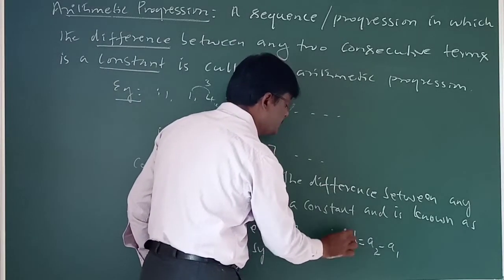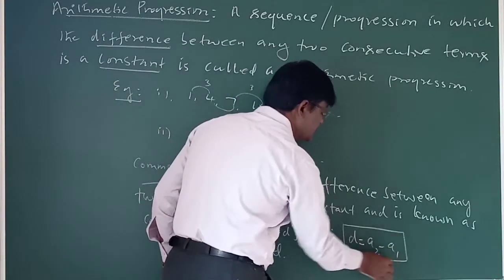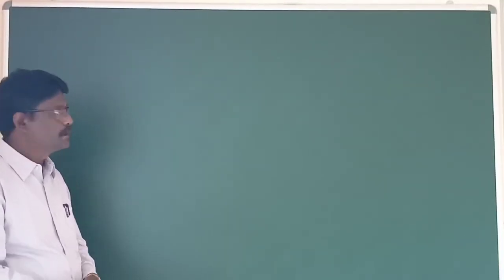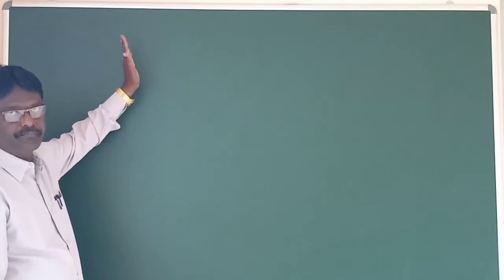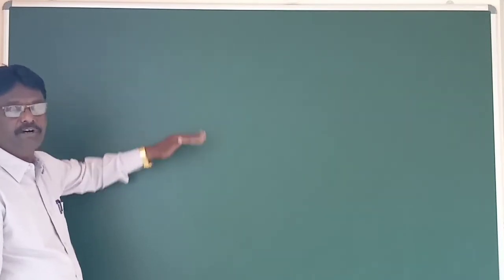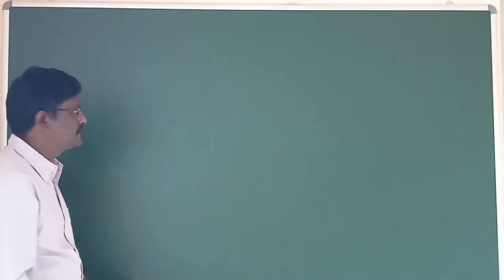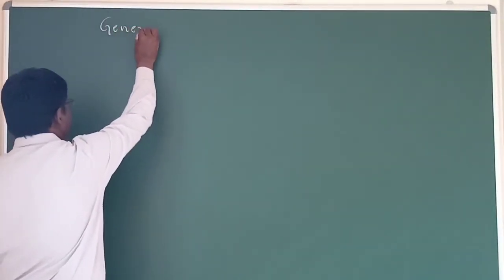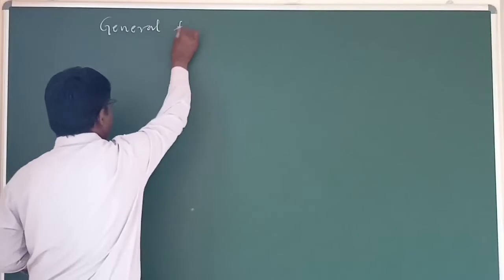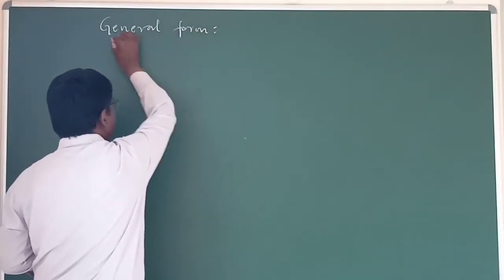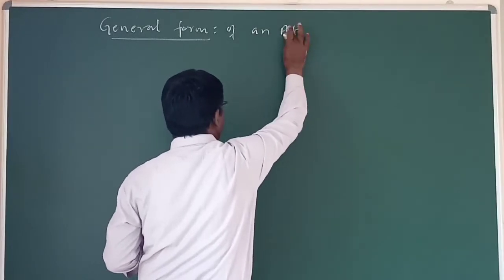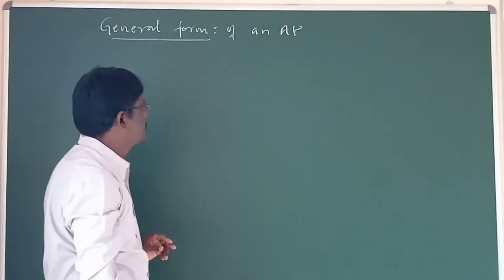Now, we shall have the general form for AP. What is that? General form of an AP. What is AP? Short form of arithmetic progression.